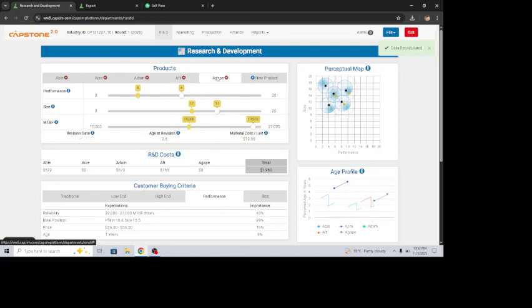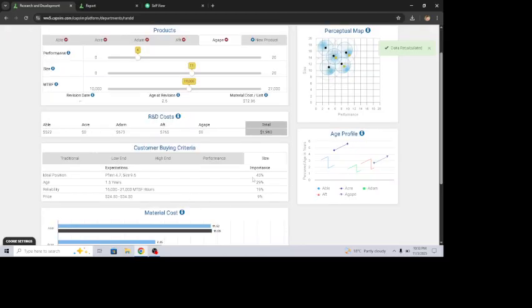And then our final product is Agape, which is in the size market segment. Looking at our customer preferences, ideal positioning has the most importance, that's 43%, and they need a performance of 4.7 and a size of 9.6.